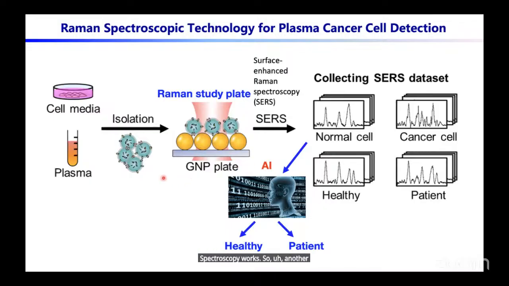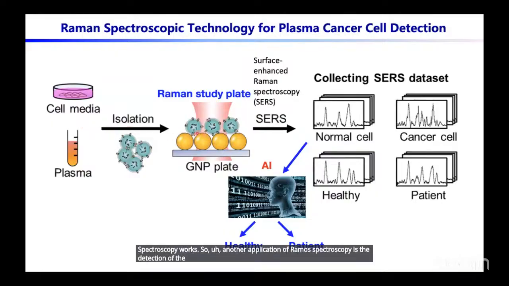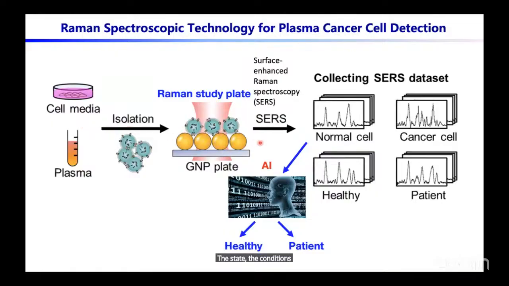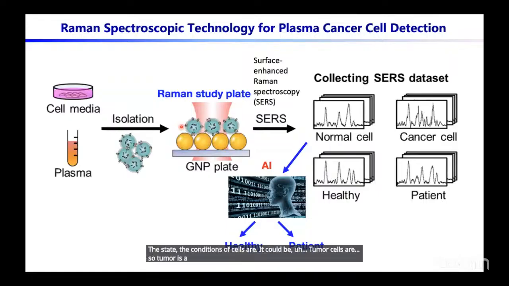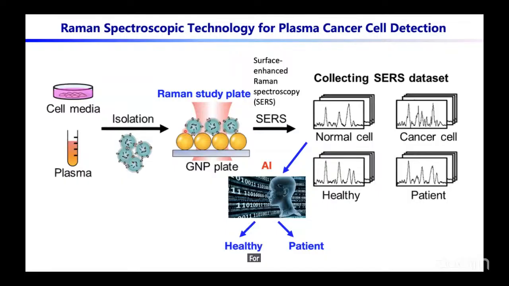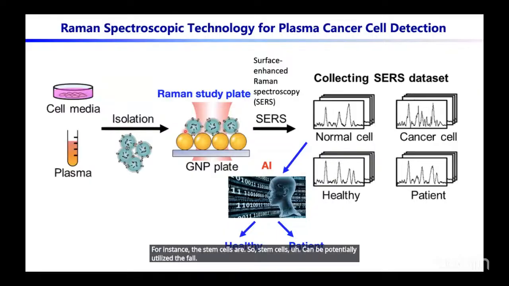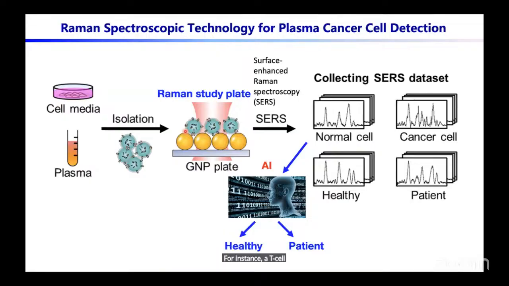Another application of Raman spectroscopy is the detection of the state, the conditions of cells. It could be tumor cells, a state different from normal cells, or it could be, for instance, stem cells. Stem cells can potentially be utilized for tissue repair, for anti-aging purposes, those kinds of applications.